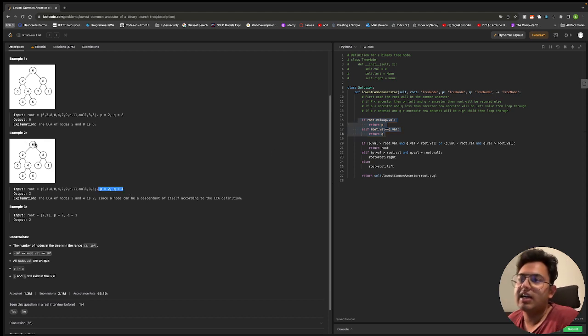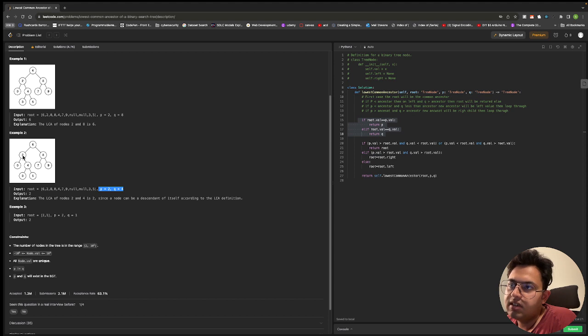Now suppose I'm traversing through the whole left side and I find that P is equal to the root, the parent node which I have traversed to. So in the case of 2 and 4, where did I start? I started from 6. I compared, is 2 less than 6? Yes. Is 4 less than 6? Yes. So I'll go from 6 to 2.